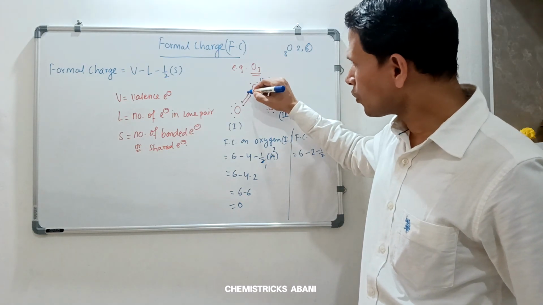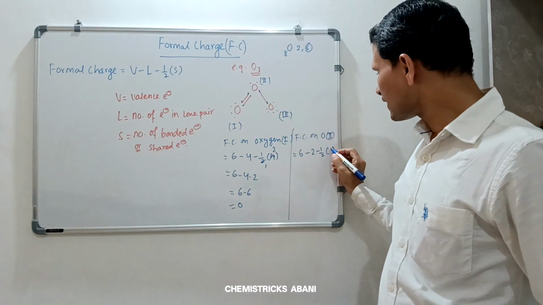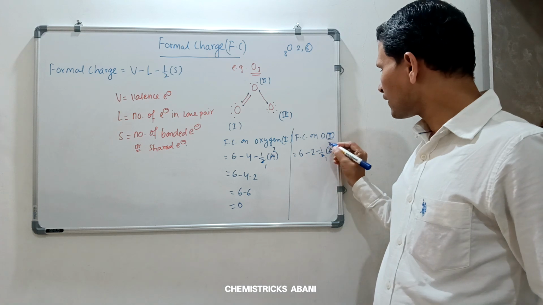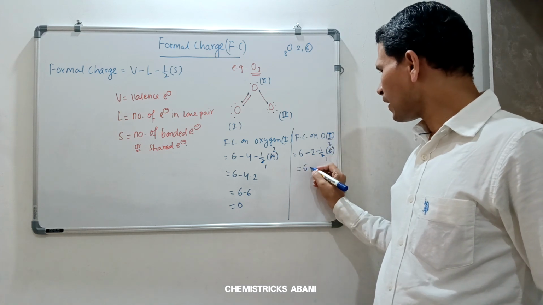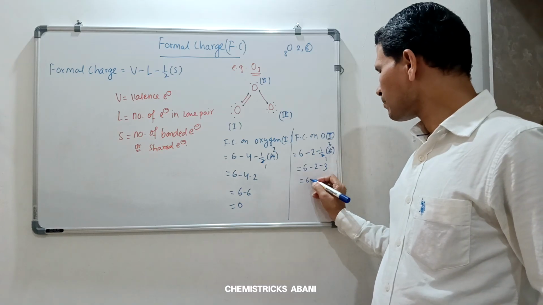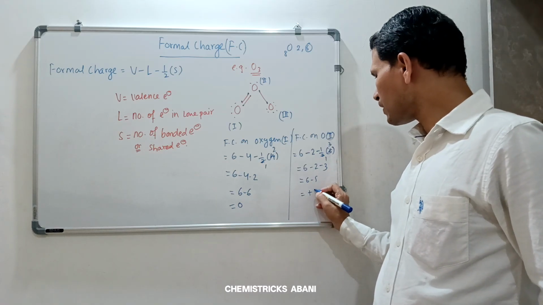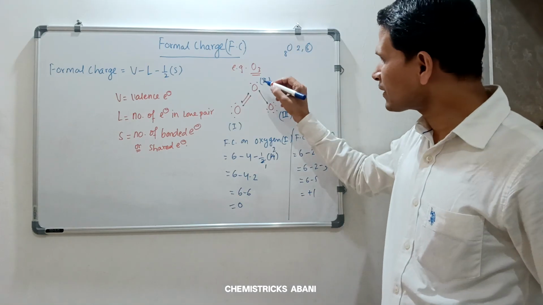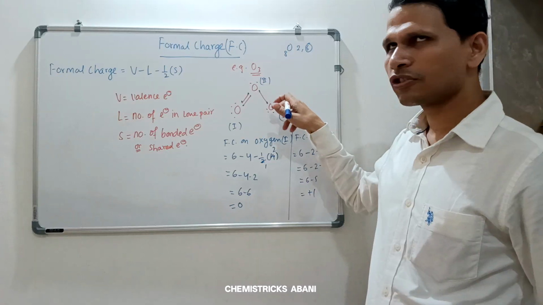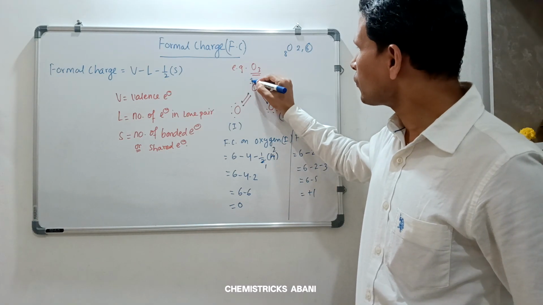So 2, 4, 6, total 6 electrons. So half of 6 is 3. So it will become 6 minus 2 minus 3. That is 6 minus 5, which is plus 1. So the formal charge for oxygen atom 2 in this molecule structure is plus 1.